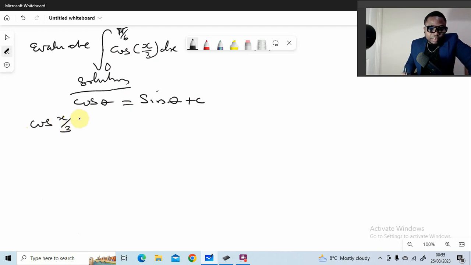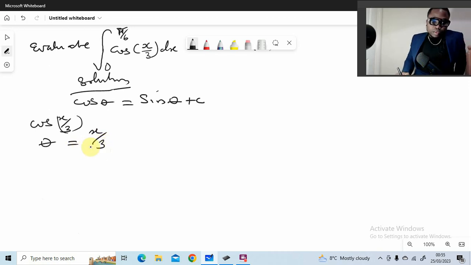Then we can say let theta be equal to x over 3. Okay? So that we can write the expression in the bracket as cos theta dx. But if you write cos theta dx, you have to write the theta here as well.